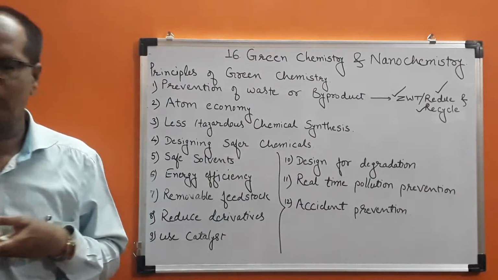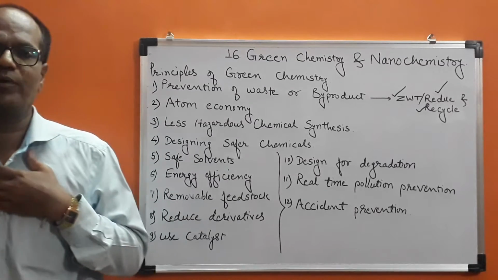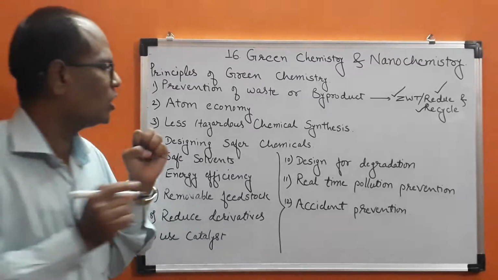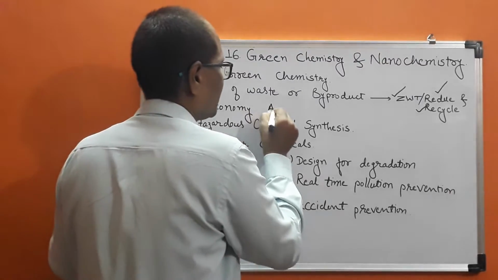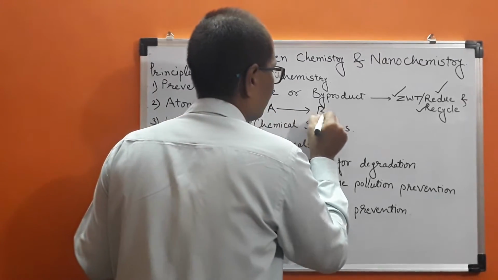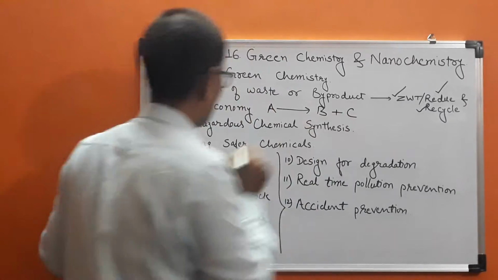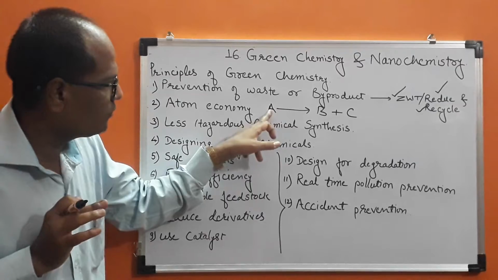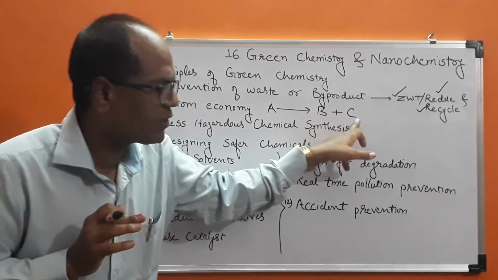Next is atom economy. What does it mean by atom economy? Atom economy is nothing but whatever reactant you have, for example, you are converting reactant A into B plus C. What I want is to convert A into B, C is our byproduct.